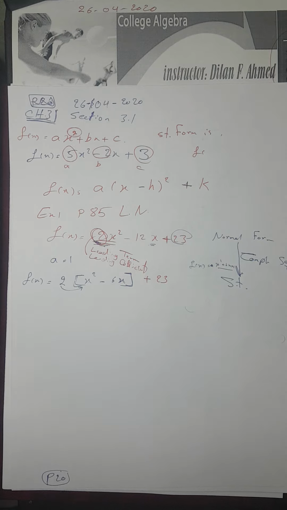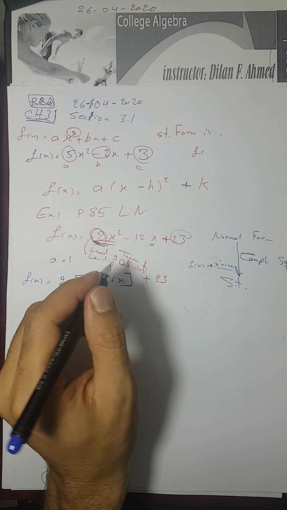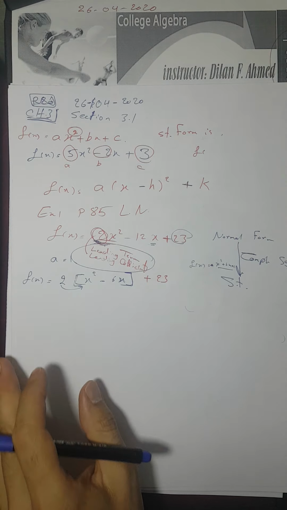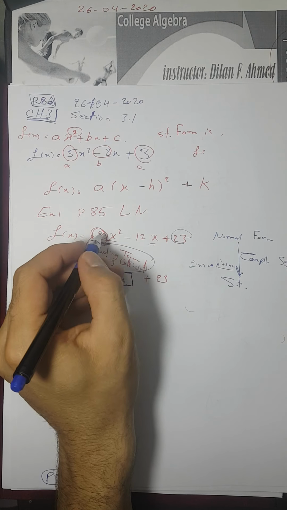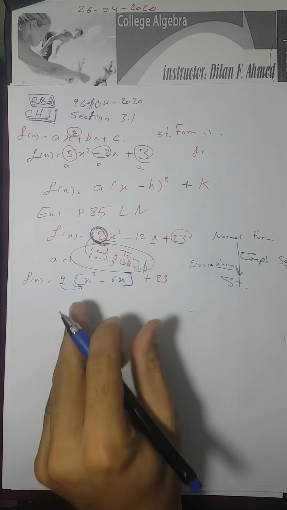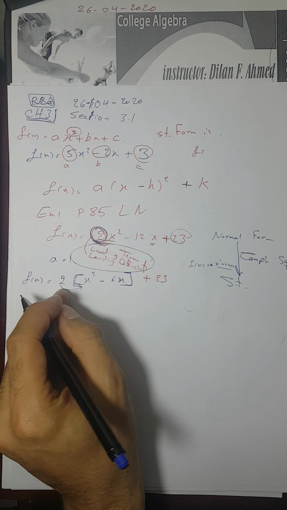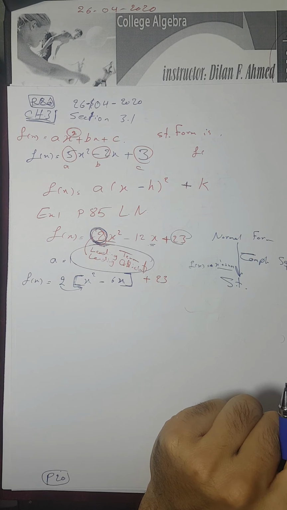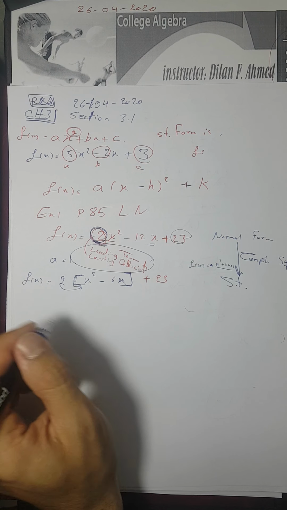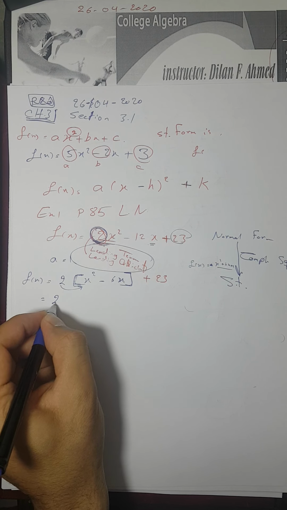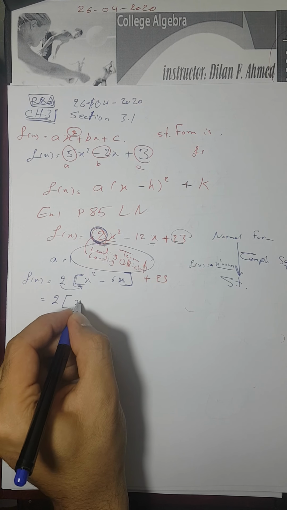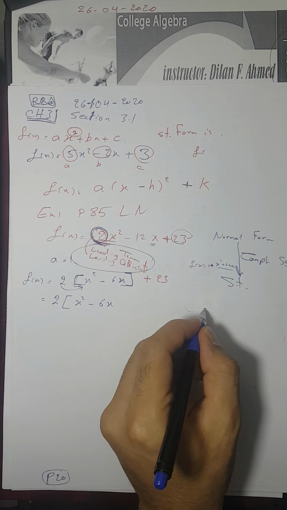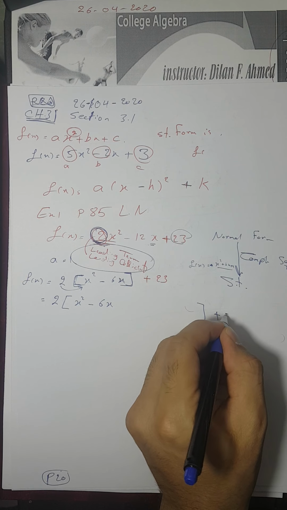In the next section, 3.2, we will deal with this, and they are very important for our graph. So we will change the leading term into 1, by taking a factor between x and x squared. And after this, I say x squared minus 6x, and we have a rule for completing the square.